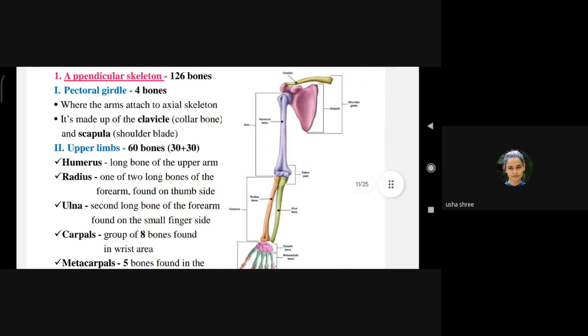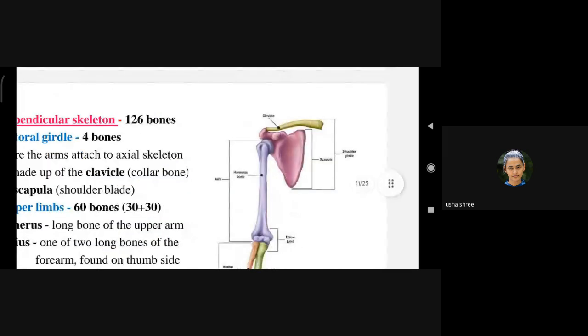You can see here, the clavicle is depicted in yellow and the scapula in pink. On the top of the shoulder girdle is the clavicle, which we all know as the collarbone. The shoulder blade is at the back of our shoulder, where we can feel the scapula.